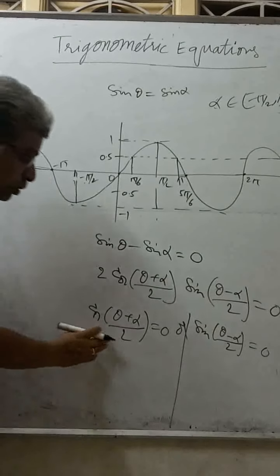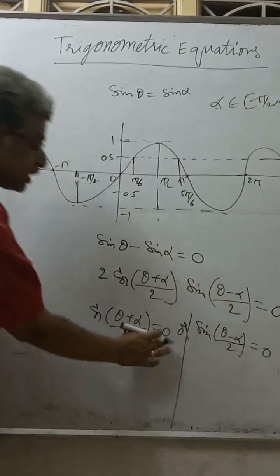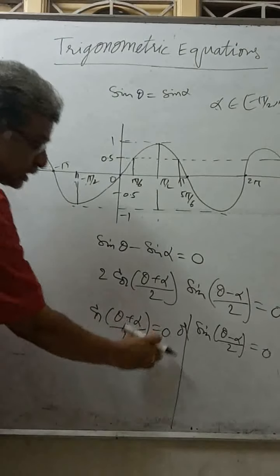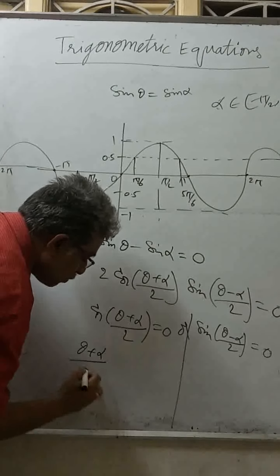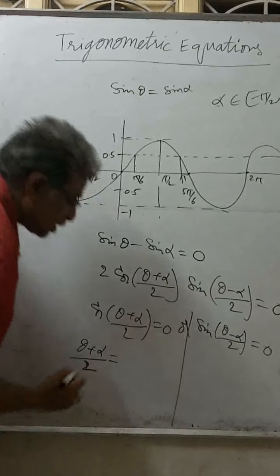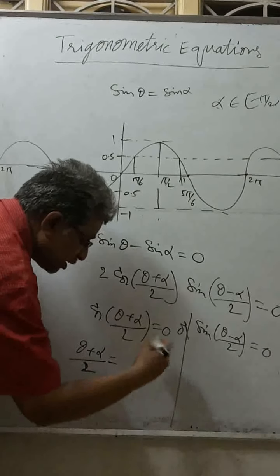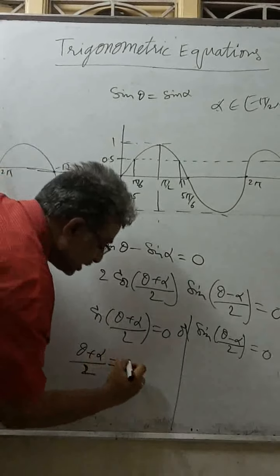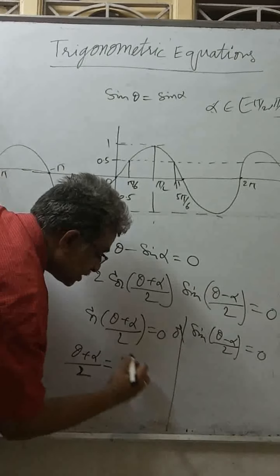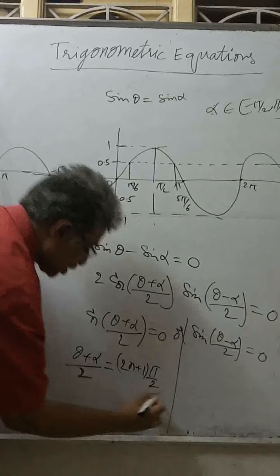Now we know the general solution of cos when it becomes 0. We will go for that. So (theta plus alpha) by 2 equal to the general solution of cos, which is odd multiples of pi by 2. Cos becomes 0 at odd multiples of pi by 2, already discussed. That becomes (2n plus 1) into pi by 2.